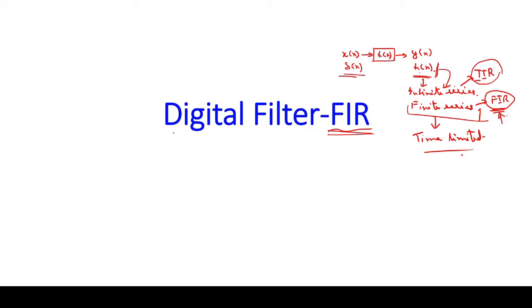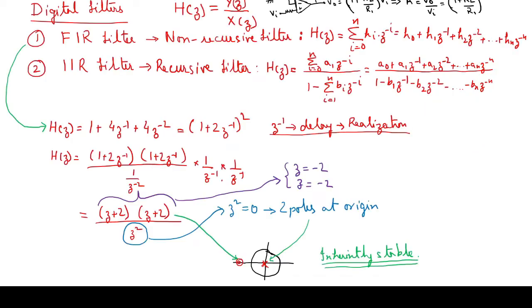Now, digital filters take digital signals. If you see the digital filters, they are represented with the transfer function H(z). And what is H(z)? That is the important thing.